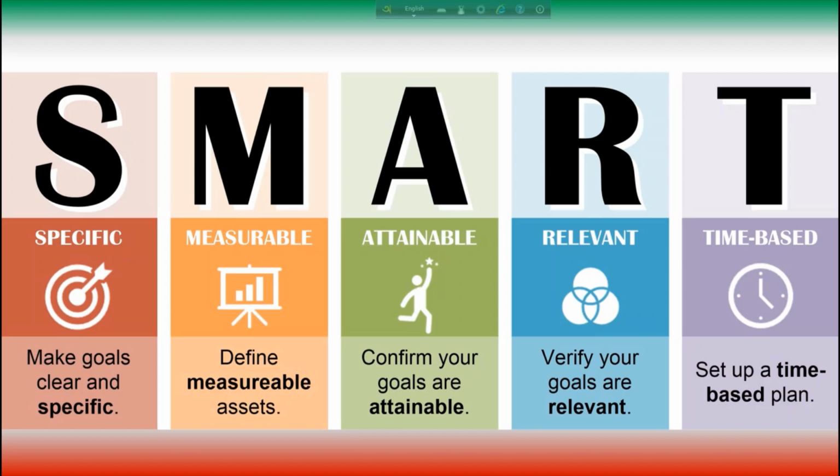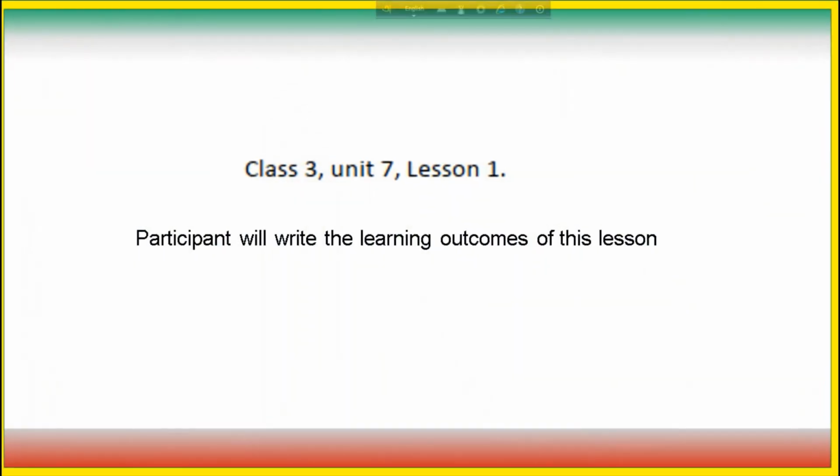Every lesson plan has a specific big goal, and it may be measurable. Confirm our goals are attainable, verify our goals are relevant, and set a time based plan. This is SMART. Okay, already we have discussed a SMART lesson plan and also a good lesson plan.